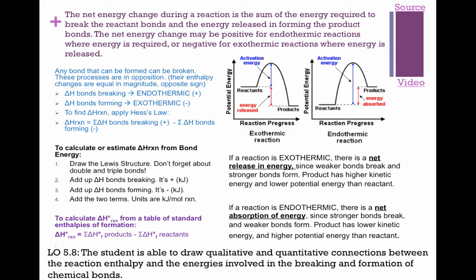Then it says don't forget double and triple bonds. What's the shortcut that you can use for double and triple bonds? The 6n plus 2 rule. What are the atoms that could double or triple bond?